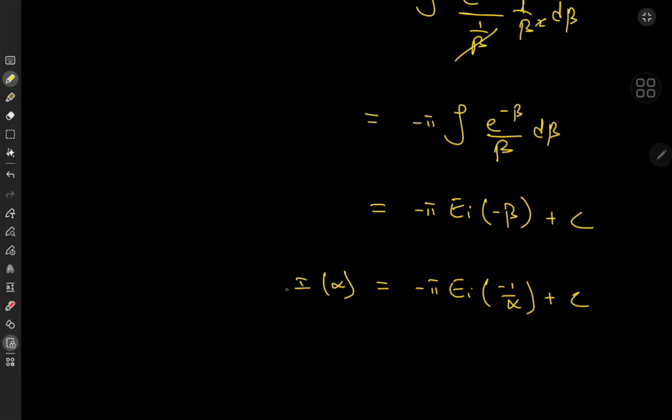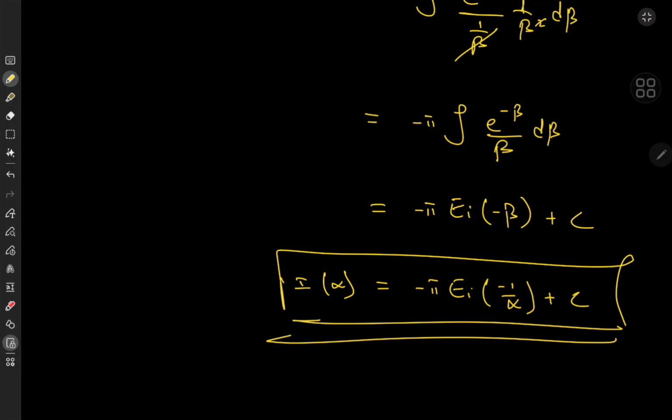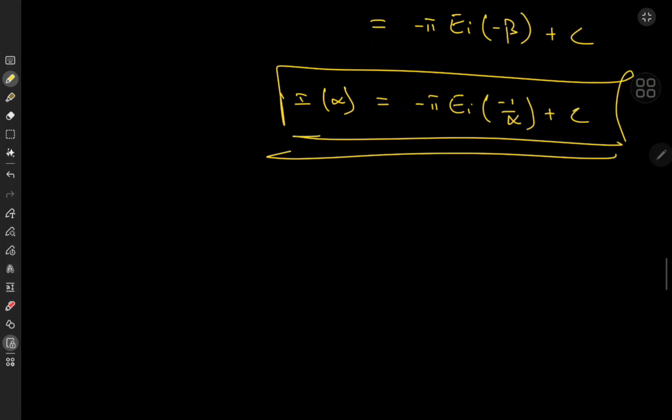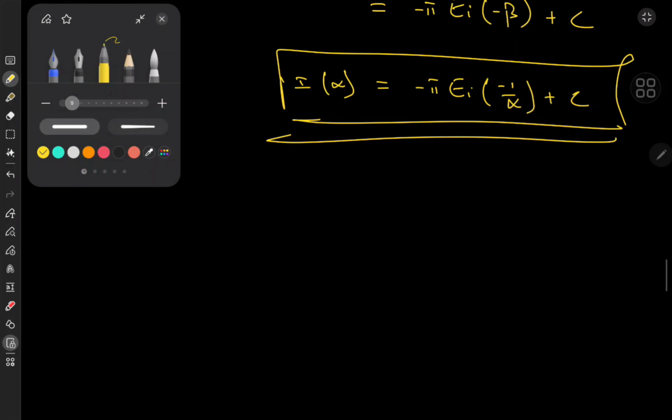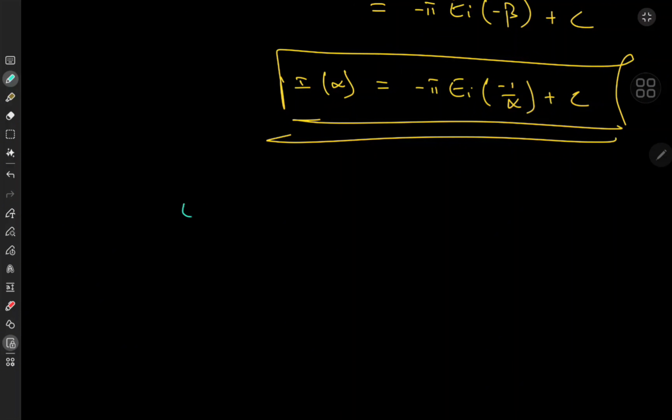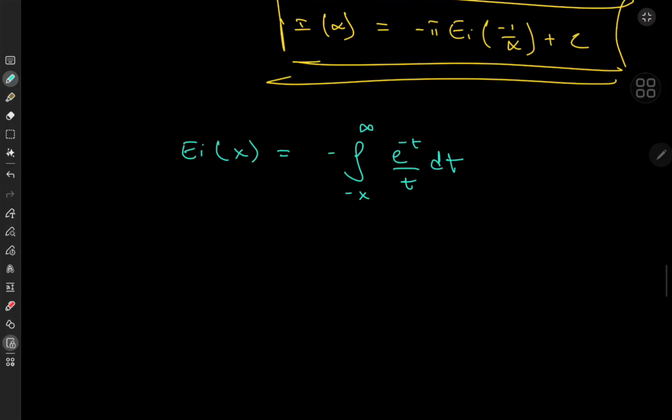So that is I of alpha, but of course we are interested in the constant of integration, so let me revert back to the definition of the exponential integral. So e sub I of some parameter x, let's say, equals the negative of the integral from negative x to infinity of e to the minus t over t dt.